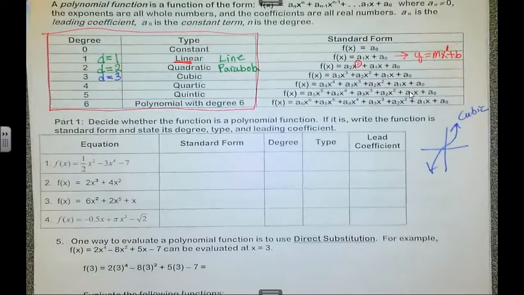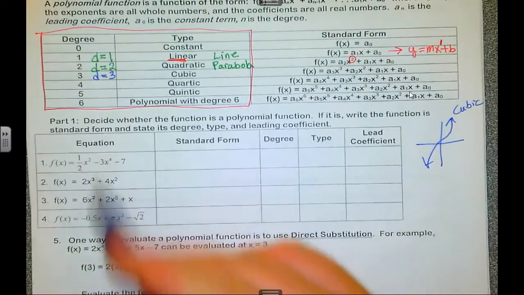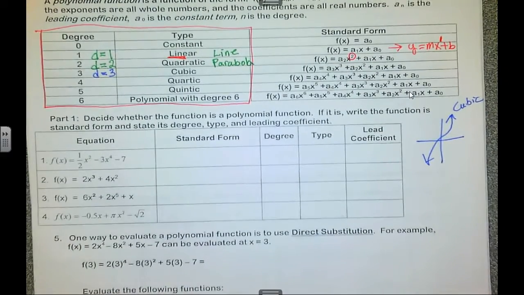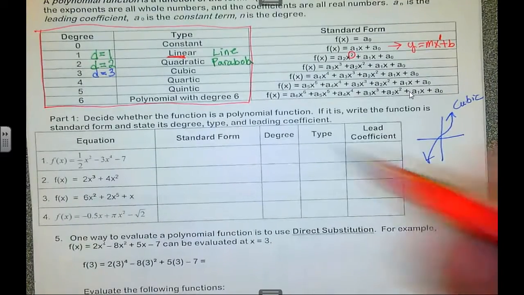All right, so let's figure out. They give us 1 through 4. They gave us some polynomials, and we're supposed to figure out what degree and type it is, and the leading coefficient. This is pretty easy stuff. Now, when you're working with polynomials, you should always put them in standard form, which is nothing more than highest degree to lowest degree, right?